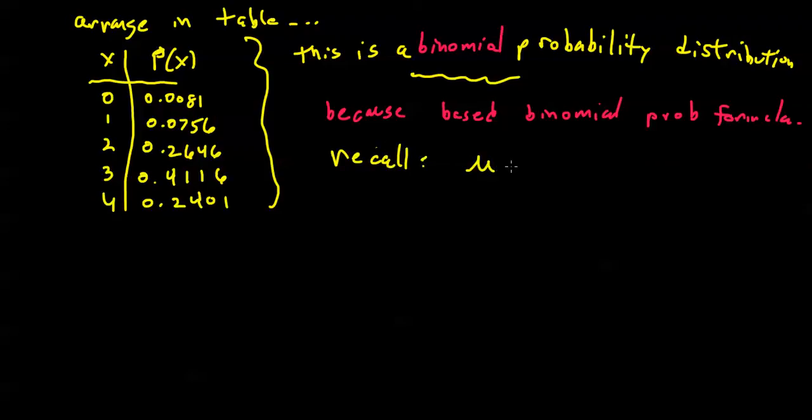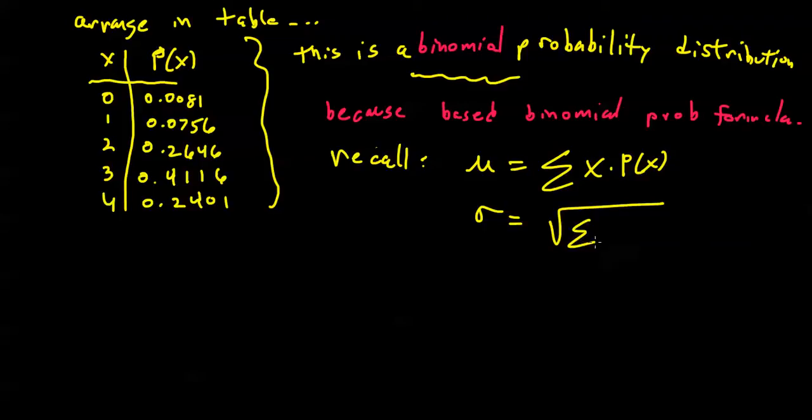The mean of a probability distribution is summation x times p of x, and the standard deviation of a probability distribution is square root summation x squared times p of x minus the previously computed mean squared.